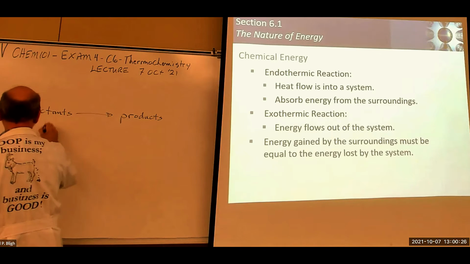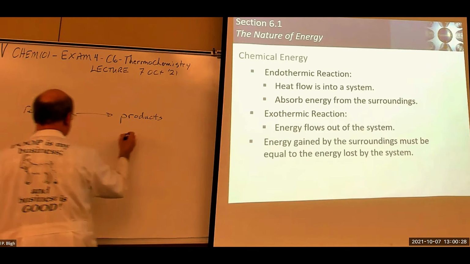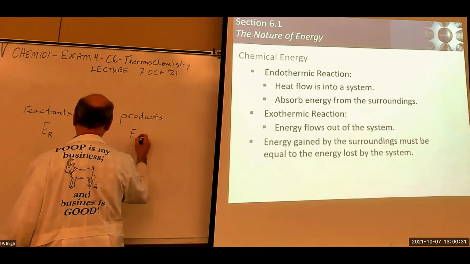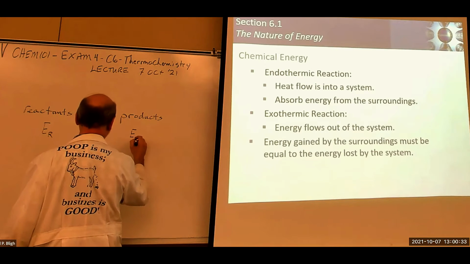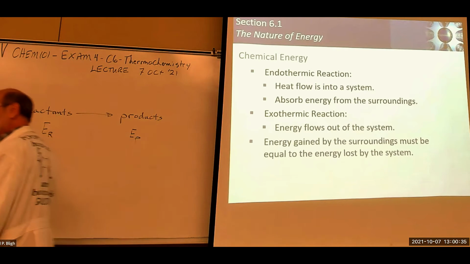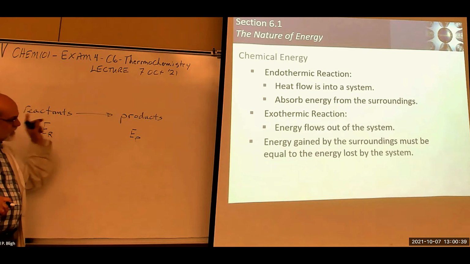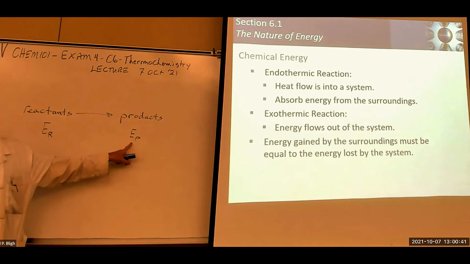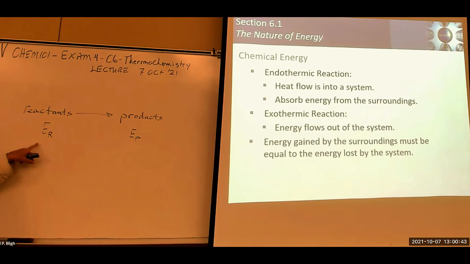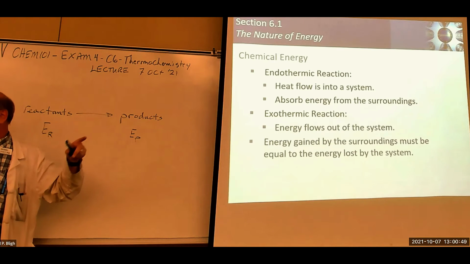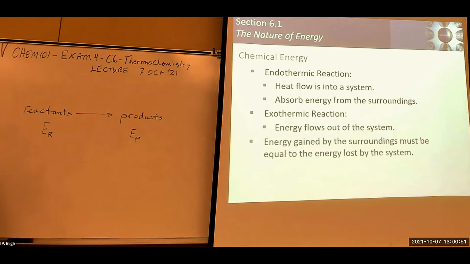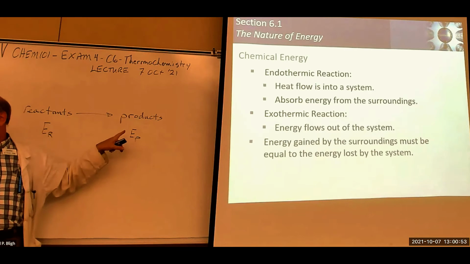And this has a certain amount of energy, and this one has a certain amount of energy stored in its bonds. If the energy stored in these bonds is greater than the energy stored in those bonds, that means we had to put energy in to build up that energy content of those bonds, correct?